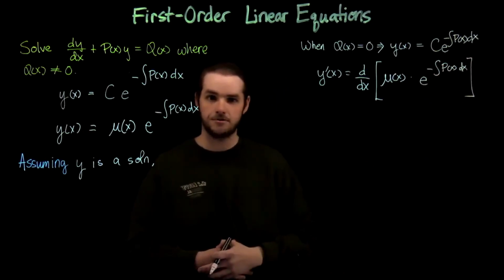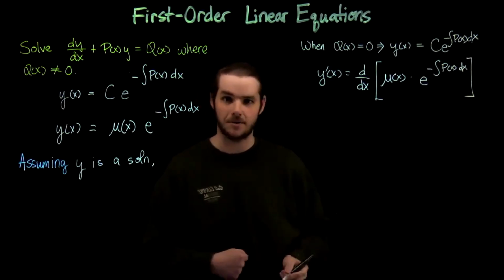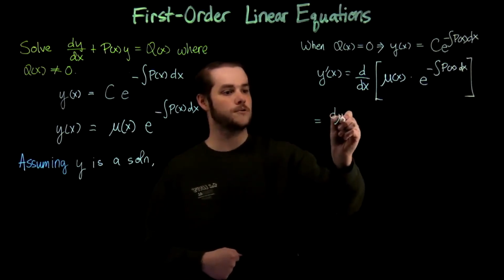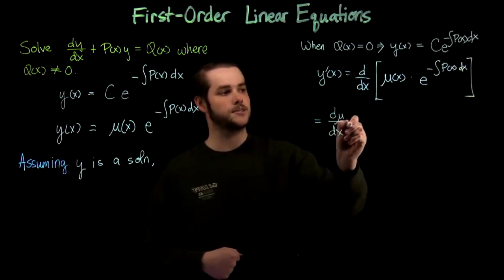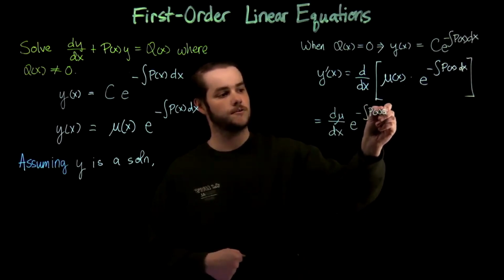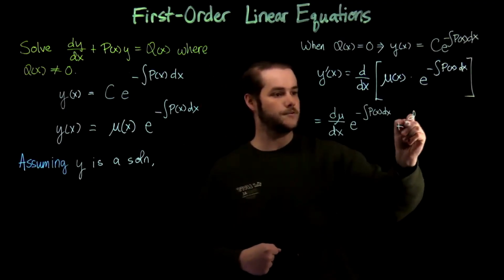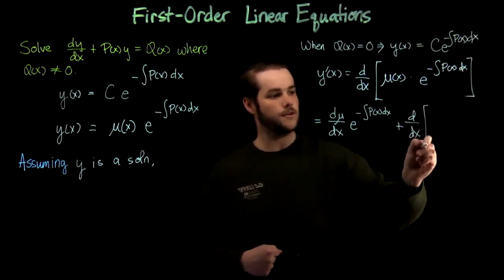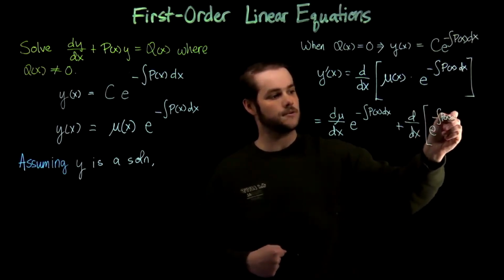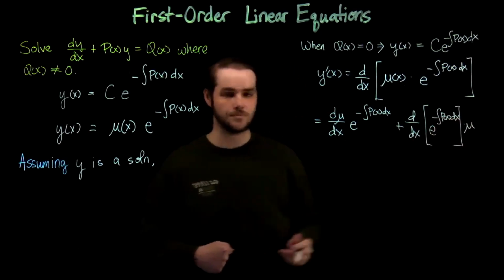Here we're going to need to use our best derivative skills. First and foremost, I've got to take a product rule. So I take the derivative of mu with respect to x times e to the negative integral p of x dx, plus the derivative of e to the negative integral p of x dx times mu.